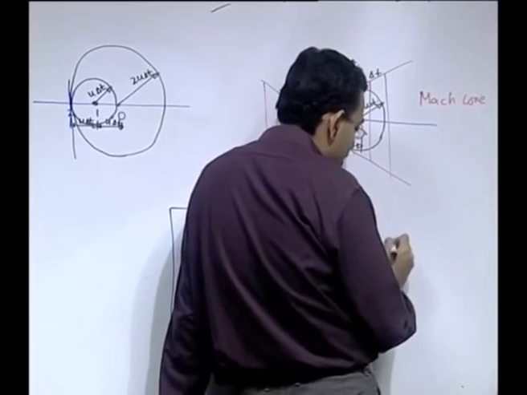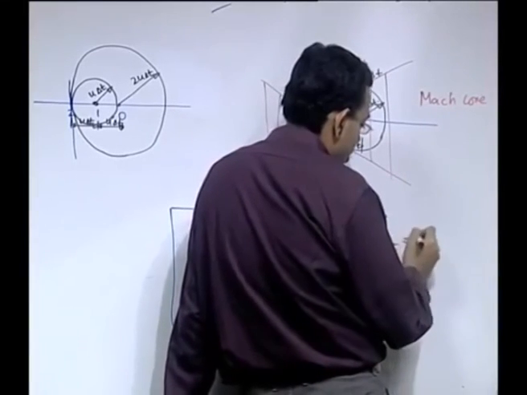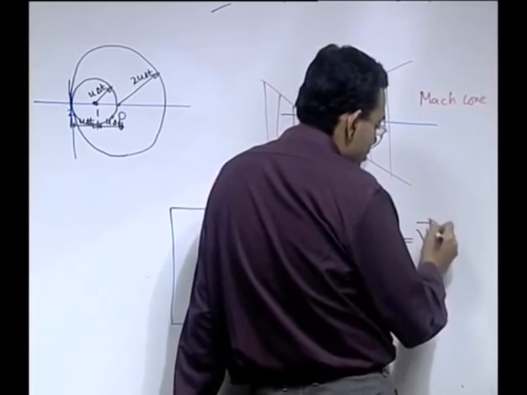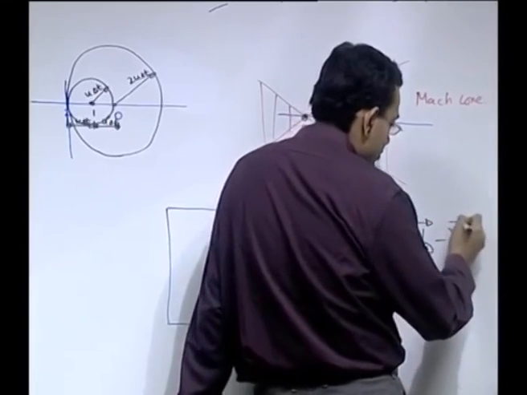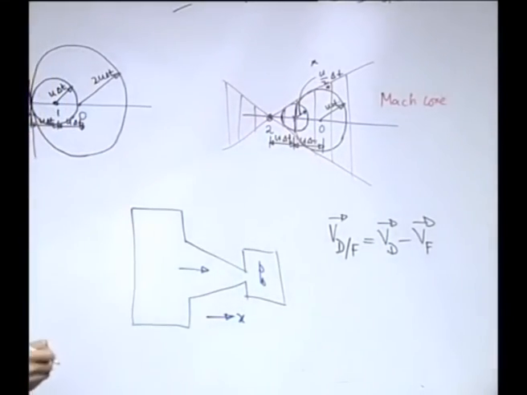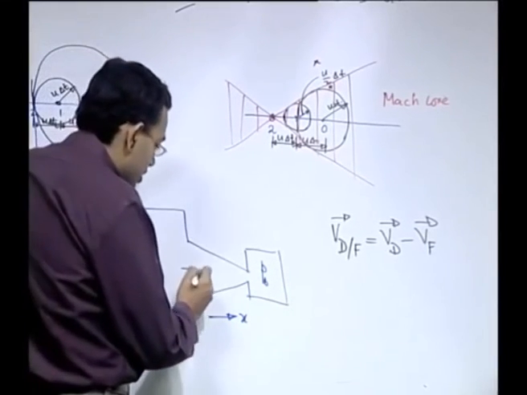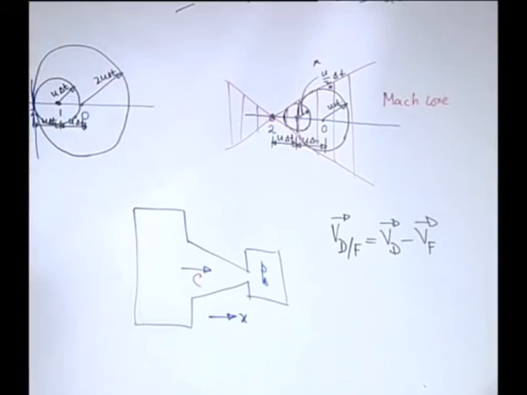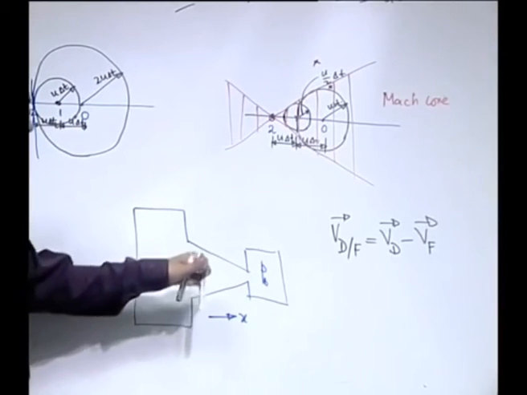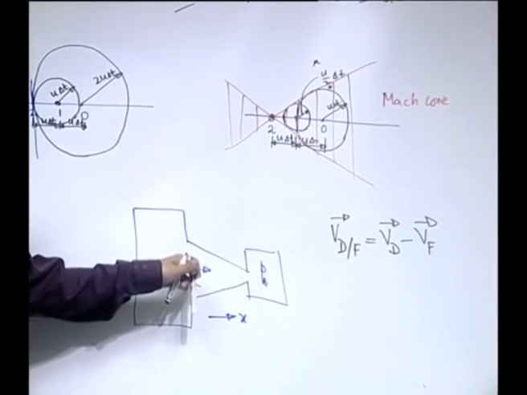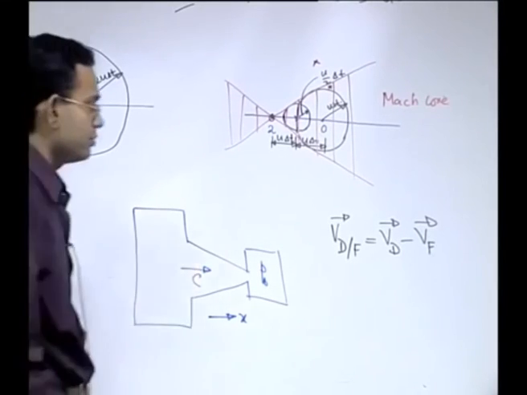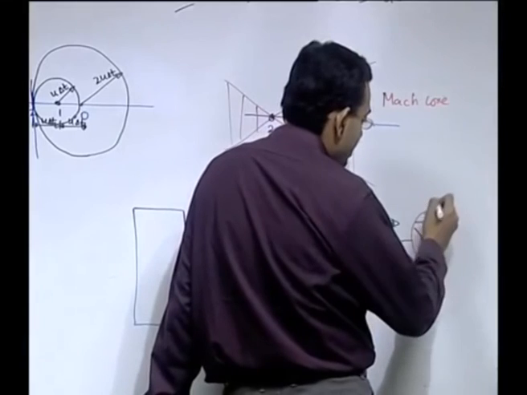So the velocity of disturbance relative to flow is the velocity of disturbance minus the velocity of flow. Let us say that the flow is moving along the positive x direction with a velocity c, then the corresponding Mach number is 1, u equal to c. So the velocity of flow is plus c.